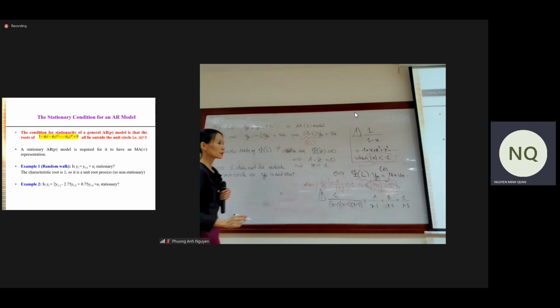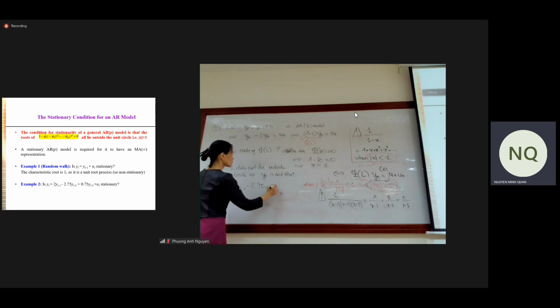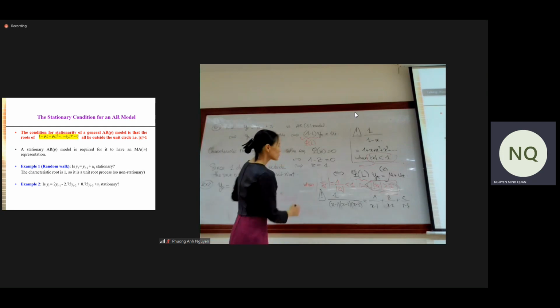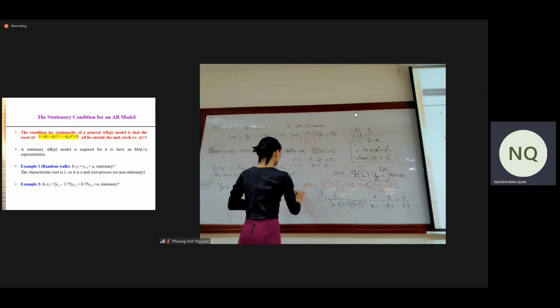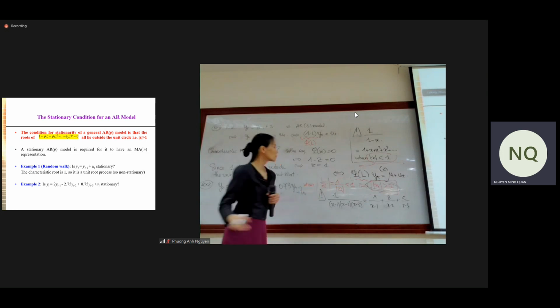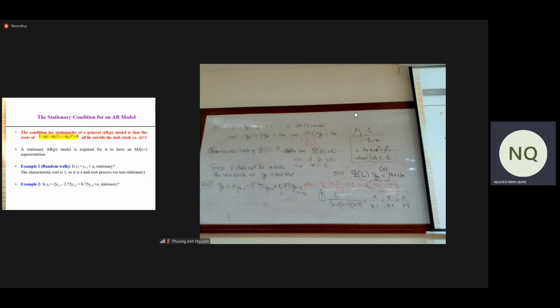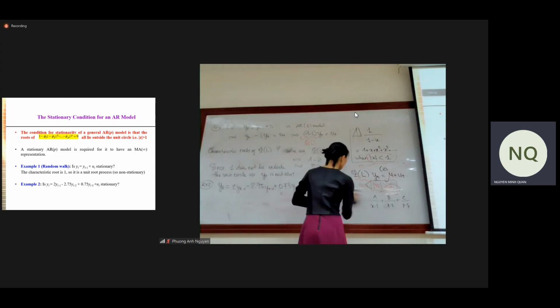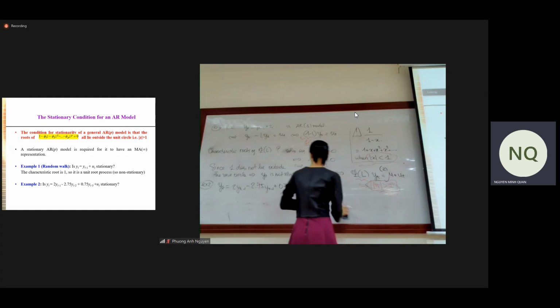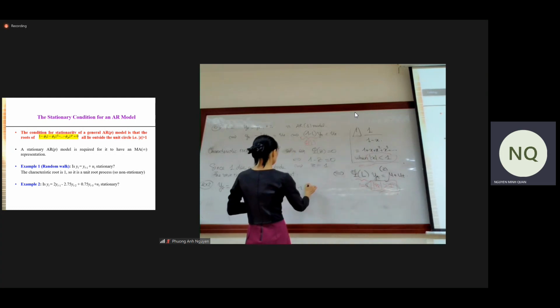Example number 2 on the slide. y_t equals 2 y_{t-1}, and so on, minus a term in y_{t-3}, plus u_t.